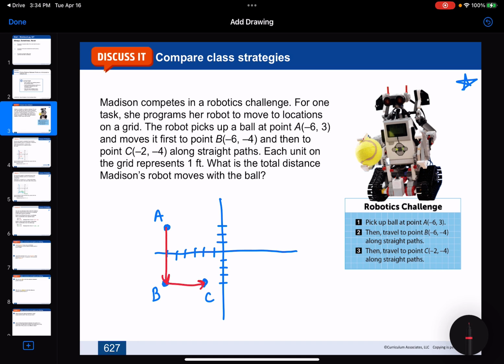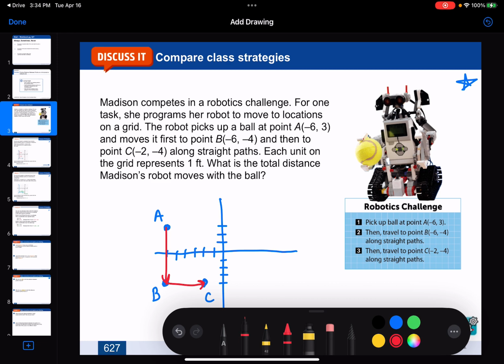And the question is, how far is it moving that ball? There are a couple of ways to do it. We want to be able to use absolute value to show this with an expression, but we could also just count along the axes to figure out how long that's going to be. Let me use a different color here.